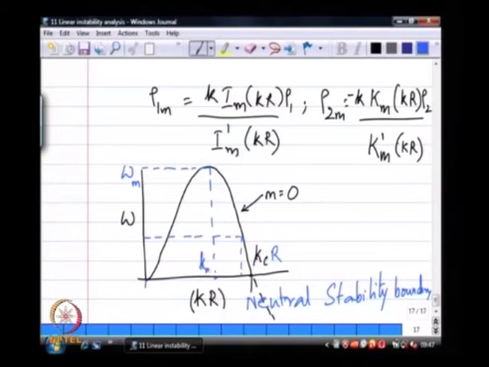owing to the fact that its growth rate is the highest among all of the wave numbers that are possibly unstable. And because each of these is growing exponentially in time, very quickly you see that this particular value of k sub m is going to dominate in amplitude over all other wave numbers that are imposed.